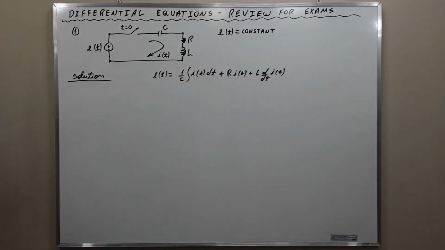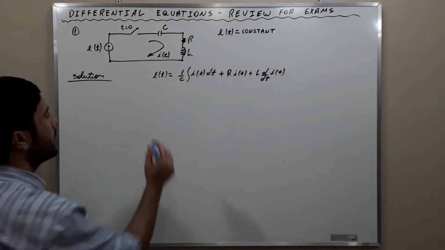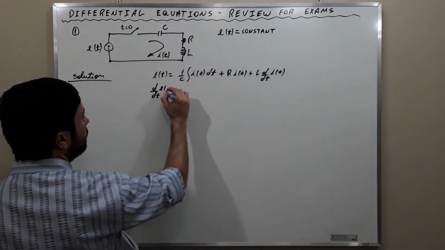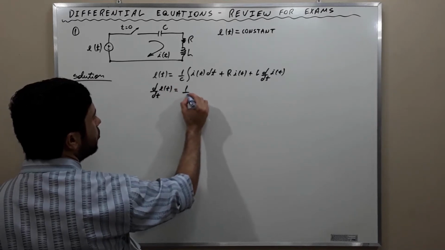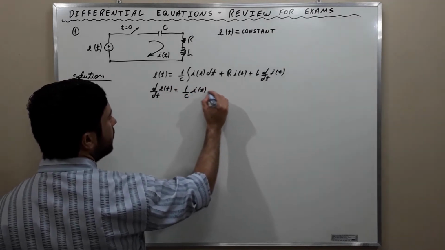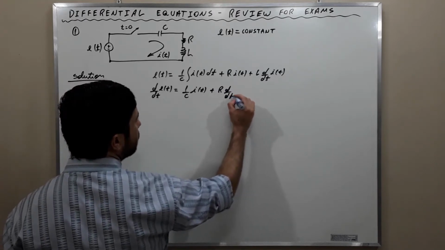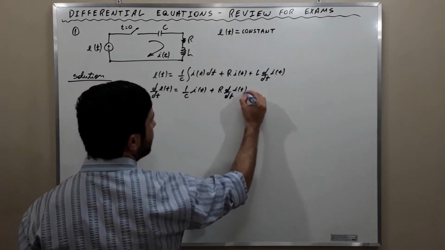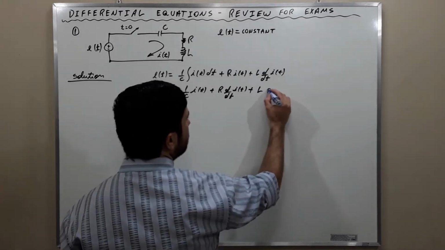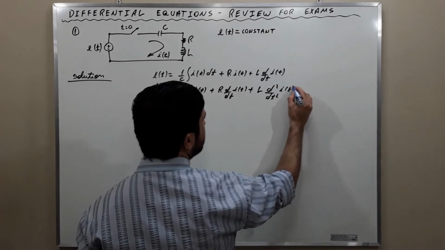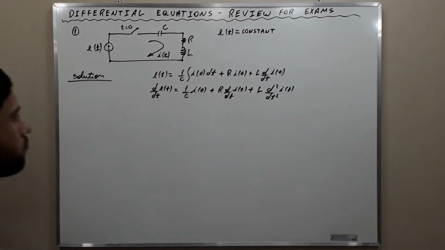We are going to differentiate to get rid of this integral for better manipulation, and we get that the derivative with respect to time of E of t is equal to 1 over C times i of t plus R times the derivative with respect to time of i of t plus L times the second derivative of i of t with respect to time.